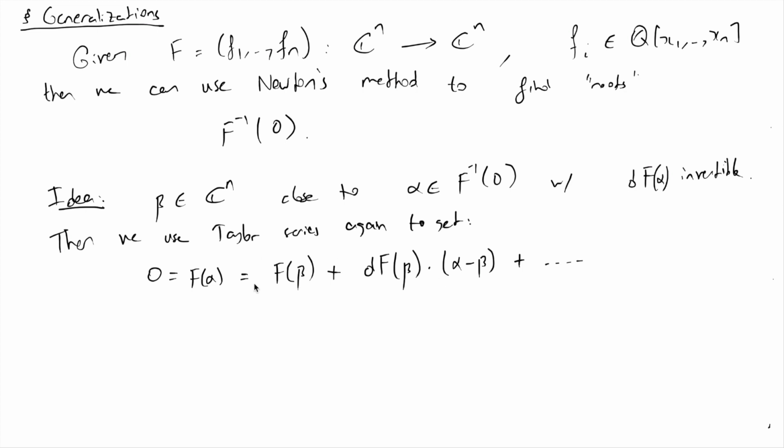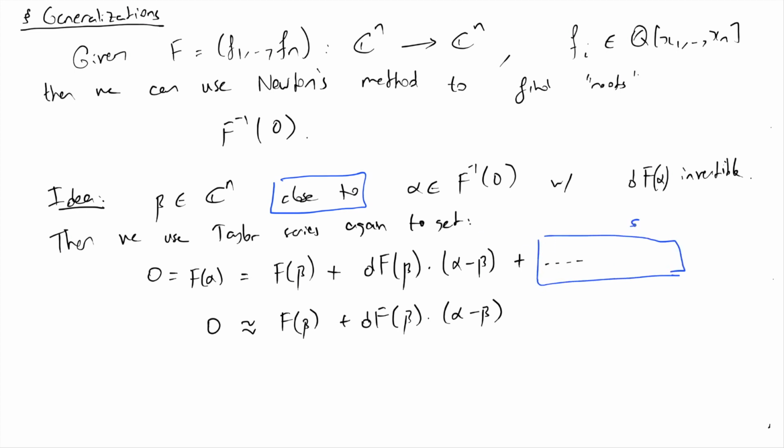And now we change equality to approximately equal, as we did before. So we say 0 is approximately f of beta plus df of beta times alpha minus beta. And here I'm removing the remaining terms. That's why I assumed that beta was close to alpha, so these remaining terms should be small, and hence the approximation.